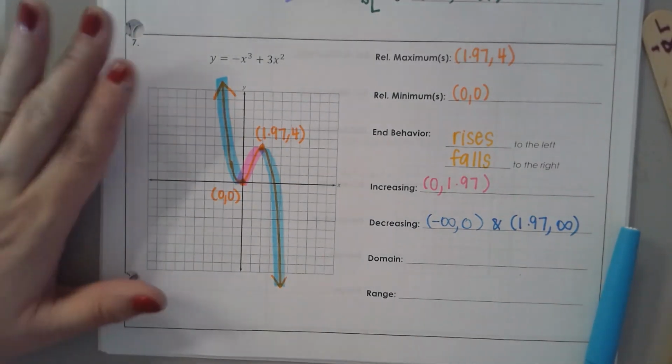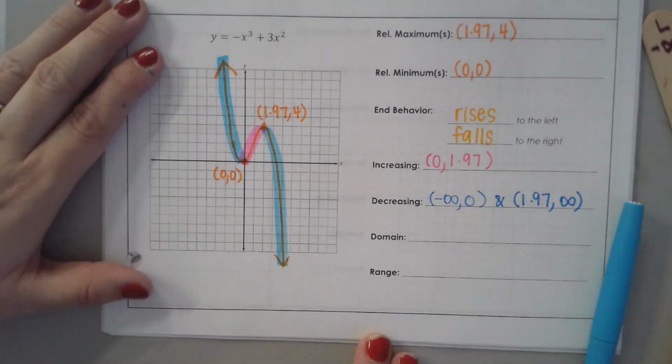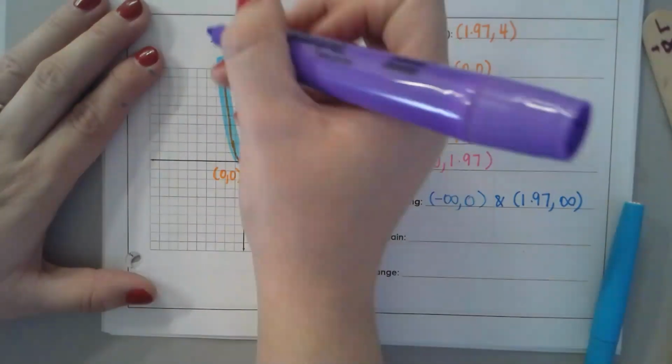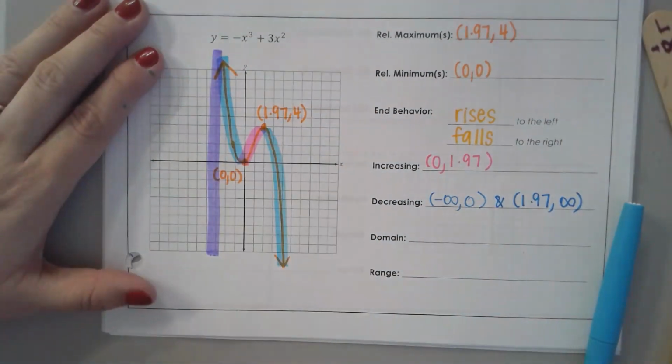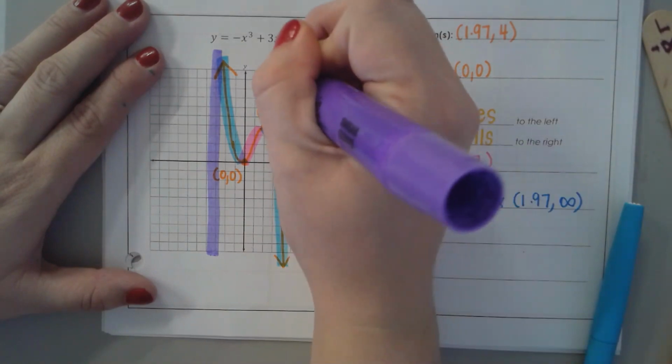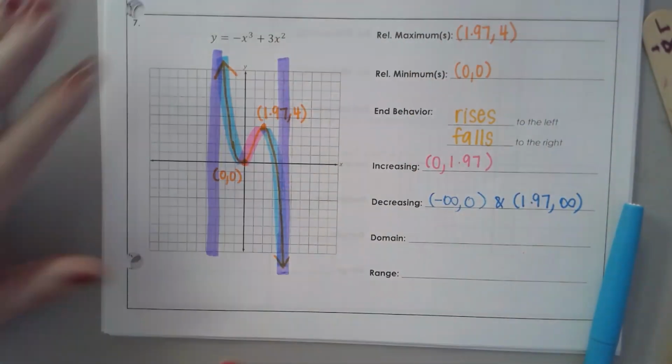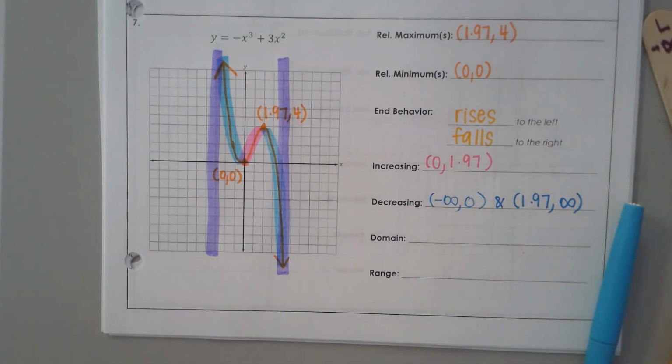Then if you think about the domain and range, domain on my left side, what do I have? An arrow. On my right side, what do I have? An arrow, as you will for every one of these problems.